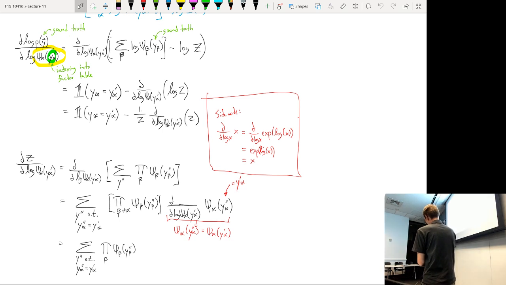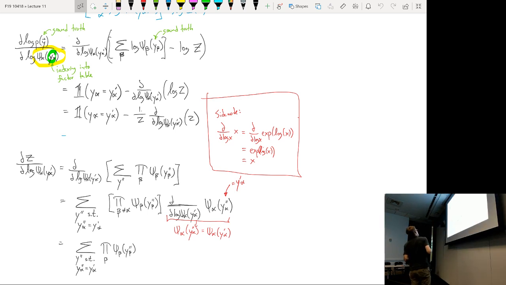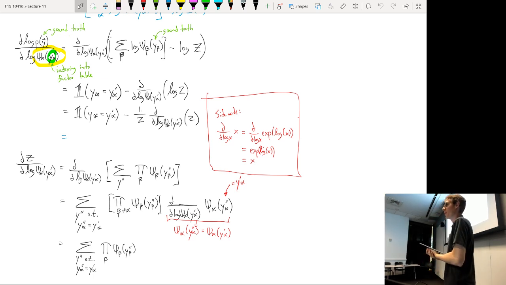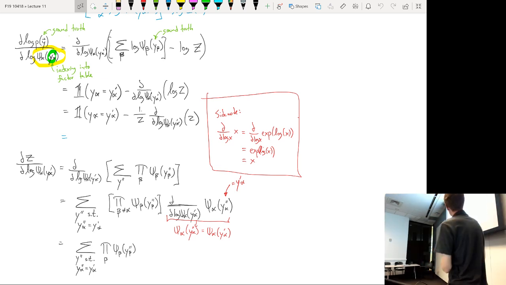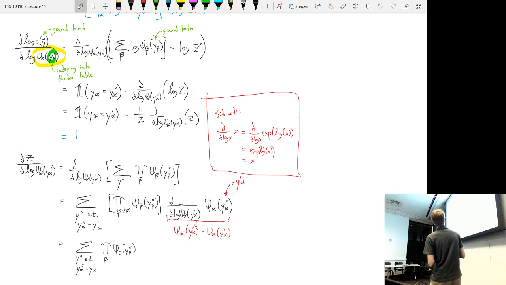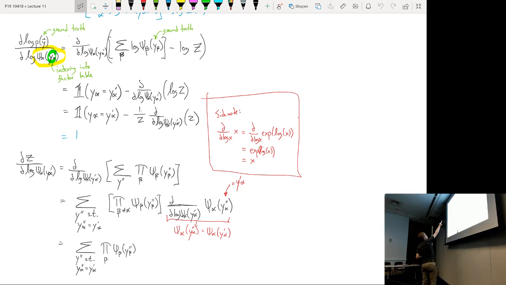What we want here is the final substitution of what we just came up with back into the original derivative with respect to the log probability. And what we get is an indicator function of y alpha equals y prime alpha, minus something beautiful. Let's see what emerges in the second term when we substitute back in this quantity.